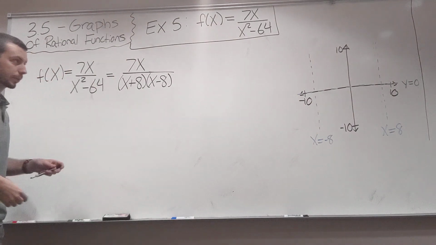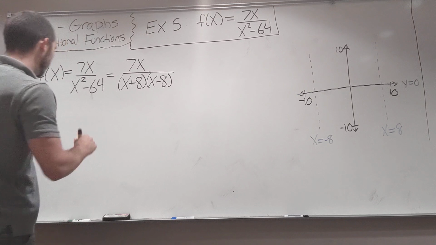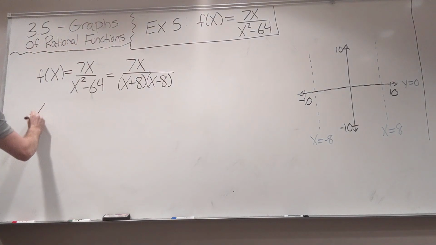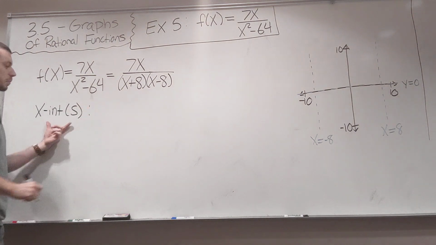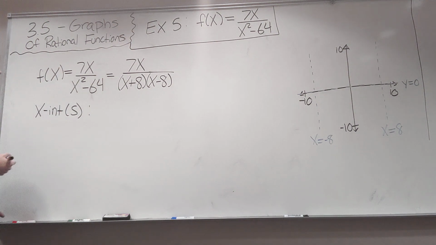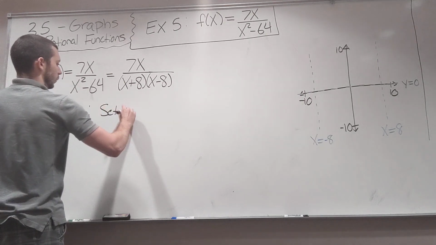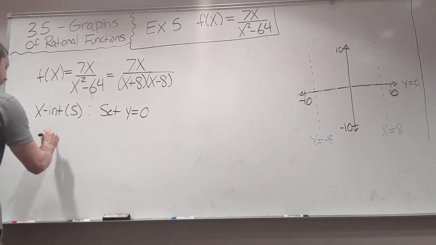So with the intercepts, there's x-intercepts and y-intercepts. We'll start off with the x-intercepts, which remember, x-intercepts, you set y equal to 0 and solve for x. So when we set y equal to 0, we're setting the whole function equal to 0.